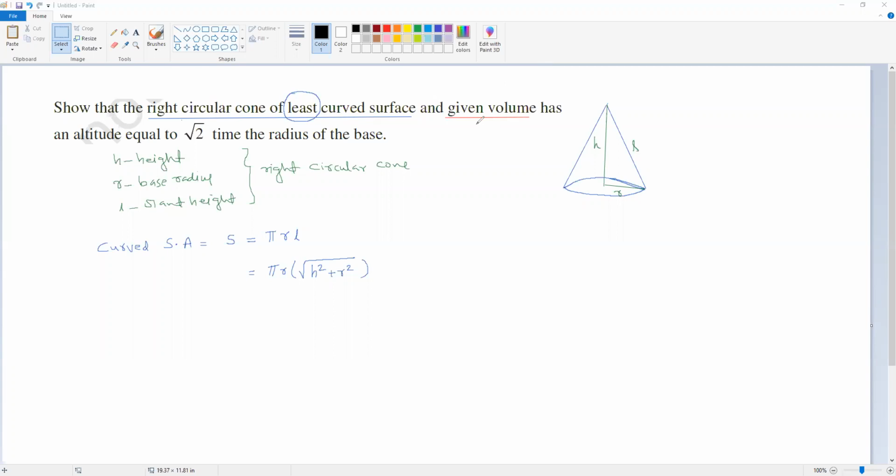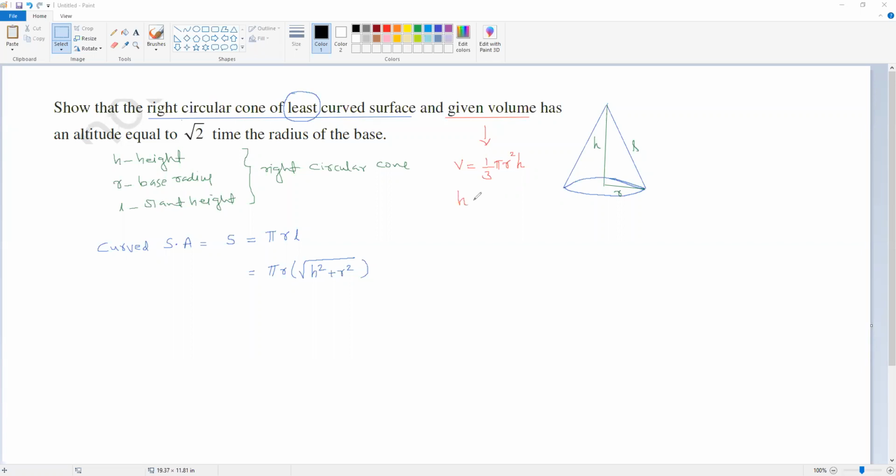It is given that volume is given. That means volume of a cone is equal to 1/3 pi r square h. तो इसमें से आपको h का वैल्यू मिल जाएगा.